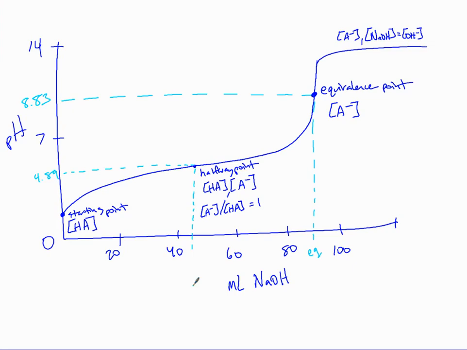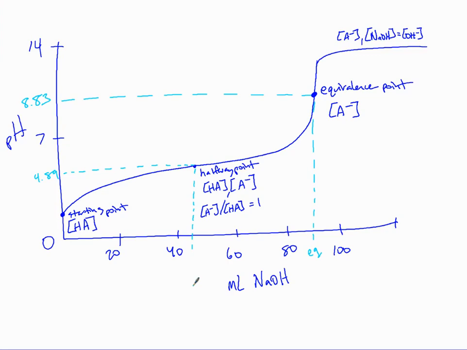So this represents part 3 of the lab. Part 1, you're just trying to figure out the concentration of sodium hydroxide using a specific procedure. Part 2, you're trying to figure out something specific. And part 3, we're trying to figure out, I believe, the Ka of the acid.